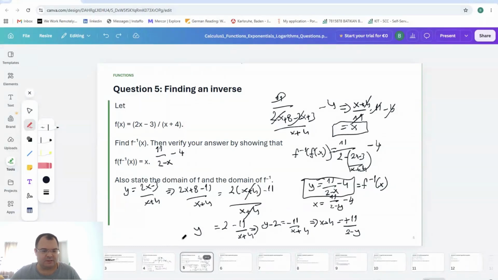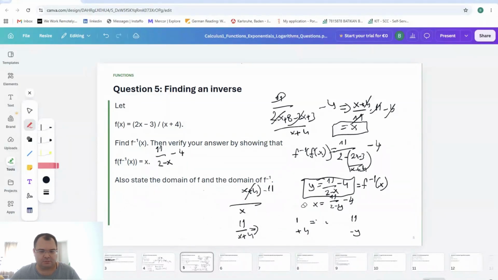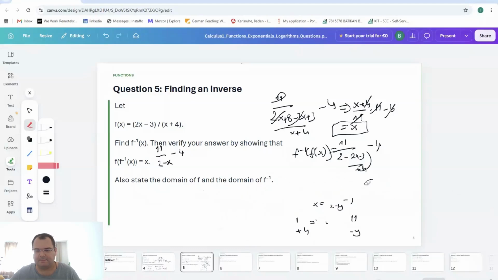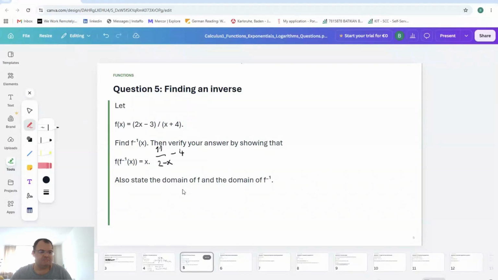So then we are asked to find the domain of those two functions. Let's clean this up. So we'll continue with finding the domain of those two functions. We have the f function and the f minus 1 function that we have already found.